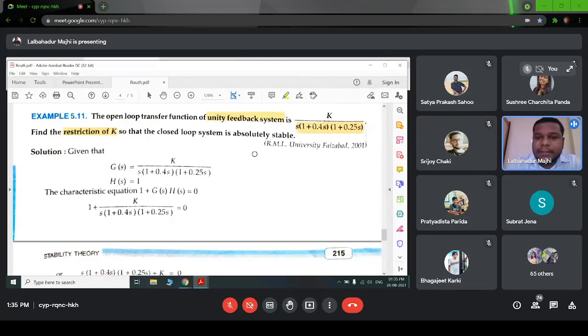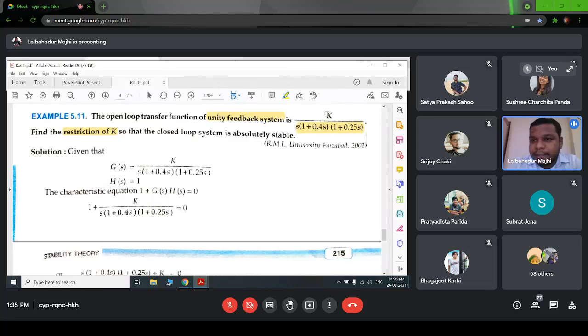Just like this, in the previous class also we solved an example like this one. So this is an open loop transfer function. To check the stability in the Routh-Hurwitz method, first we have to determine the characteristic equation. The characteristic equation is 1 plus G(s)H(s).